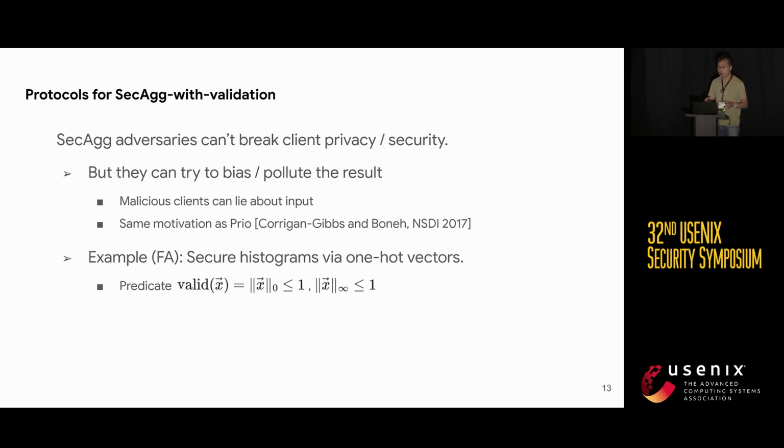They can carefully modify their input to influence the aggregation result in certain directions. For example, in the federated aggregation setting, where valid inputs should be just one-hot vectors, a malicious client can provide multiple signals in their input so that they can pollute the result.